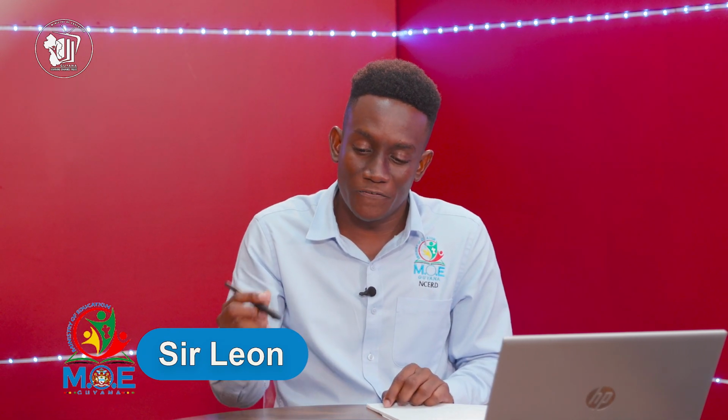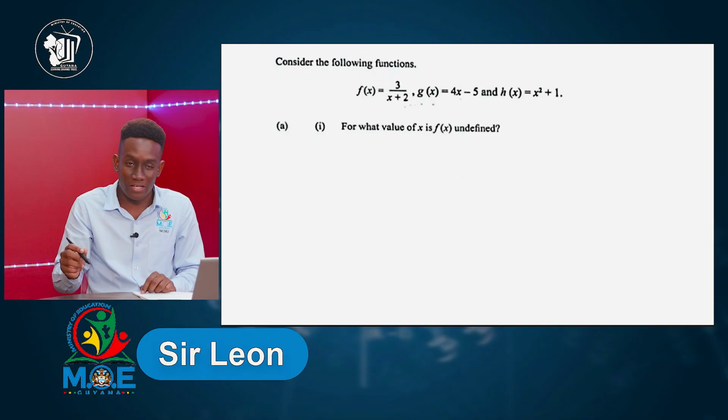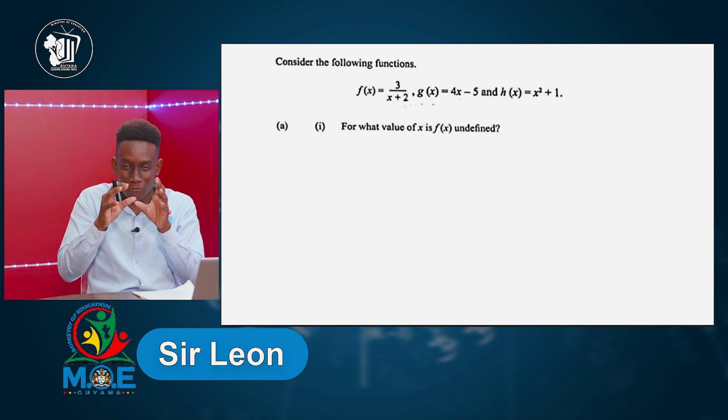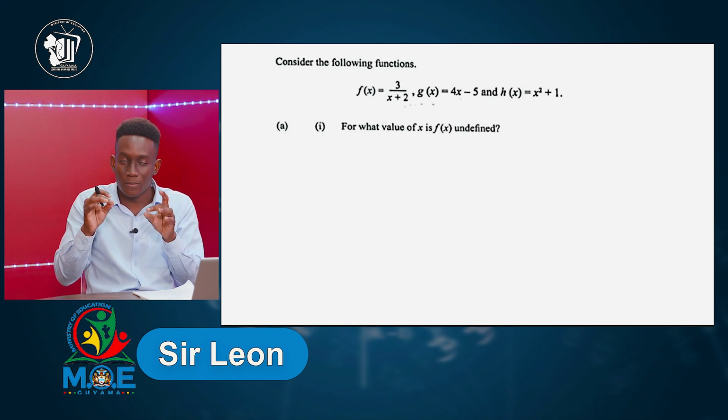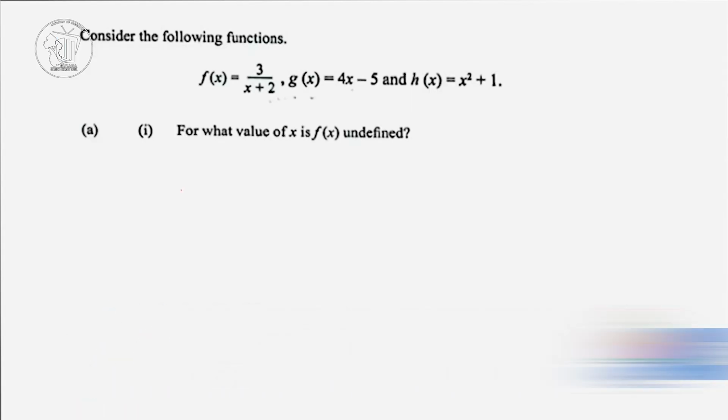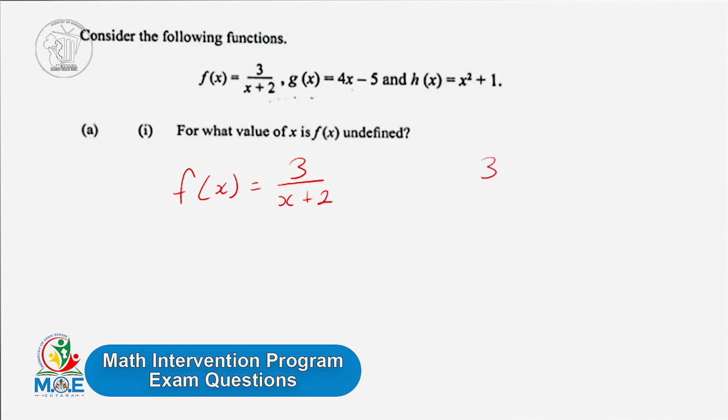So to find when this function will be undefined, we need to find when the denominator is equal to 0. We have the function f of x is equal to 3 over x plus 2, and this function will be undefined when it is 3 over 0. So we need to find the value of x that makes this denominator equal to 0.